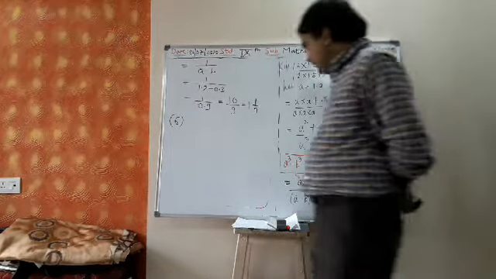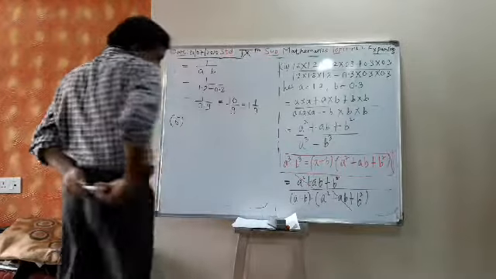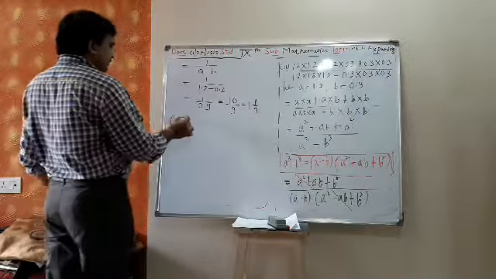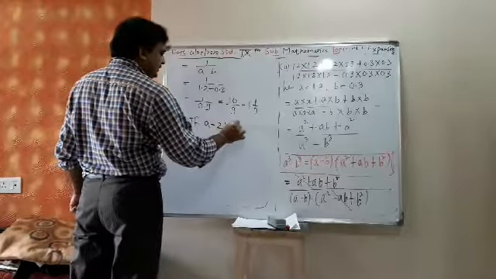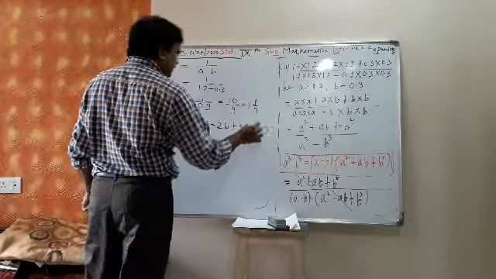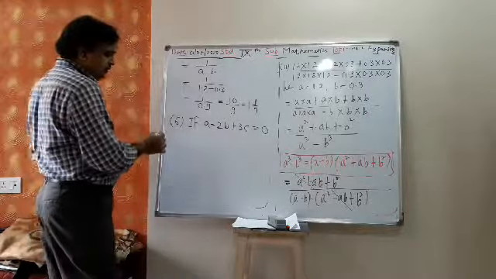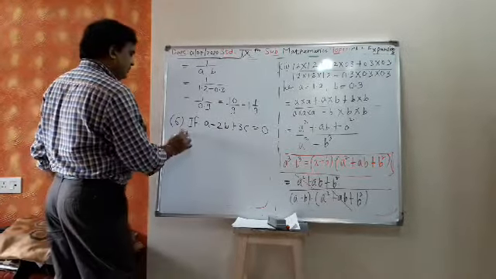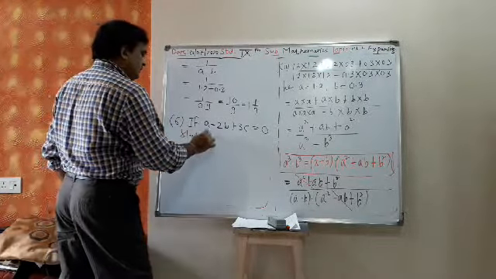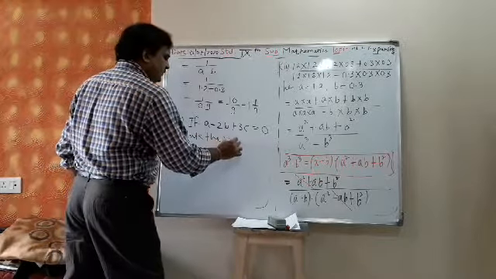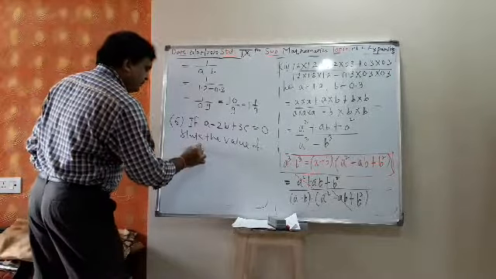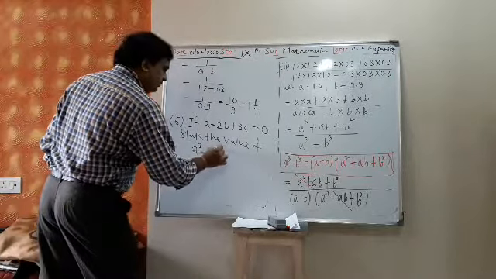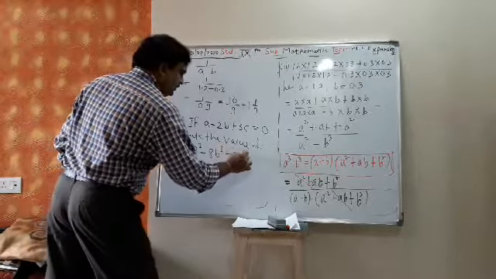Okay. So now 6th. If a minus 2b plus 3c is equal to 0, state the value of a cube minus 8b cube plus 27c cube.